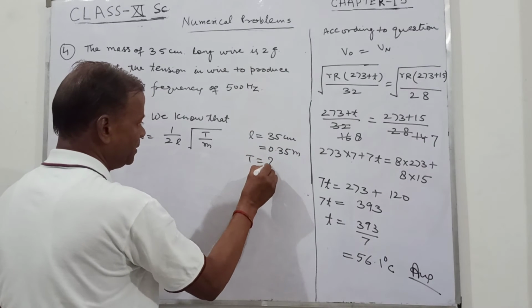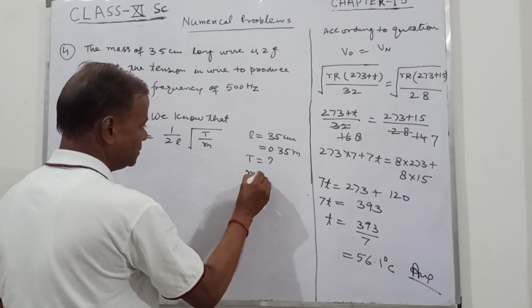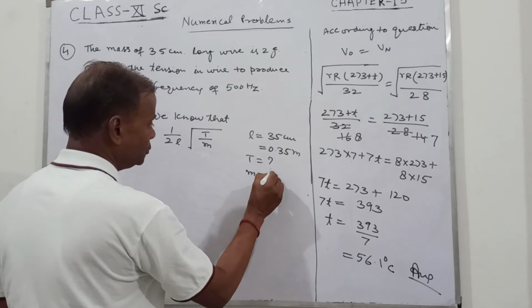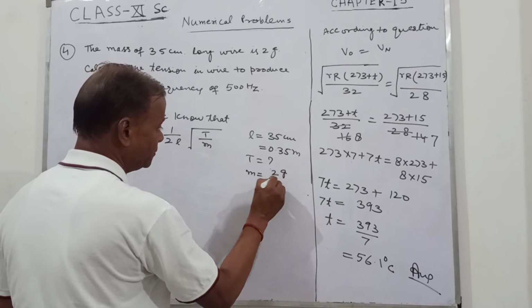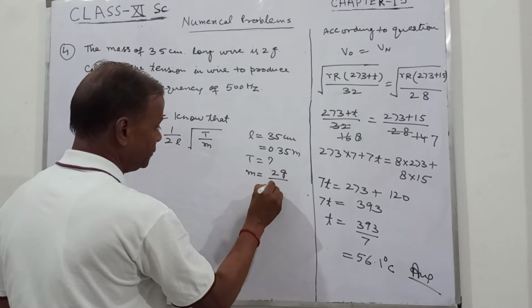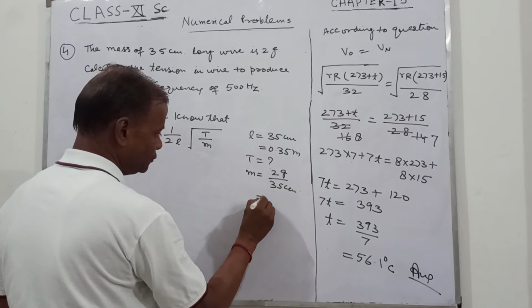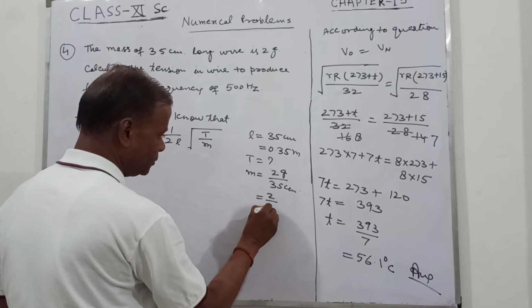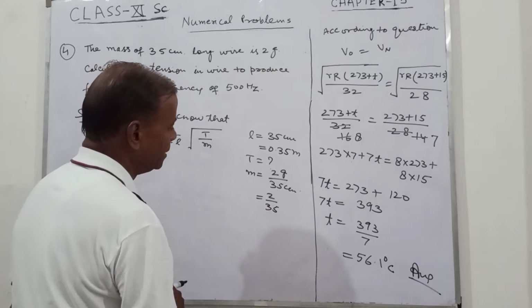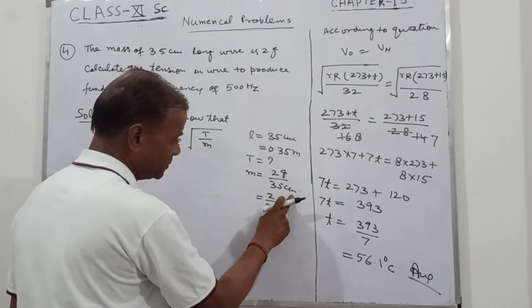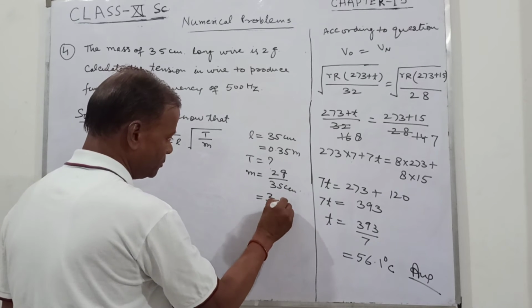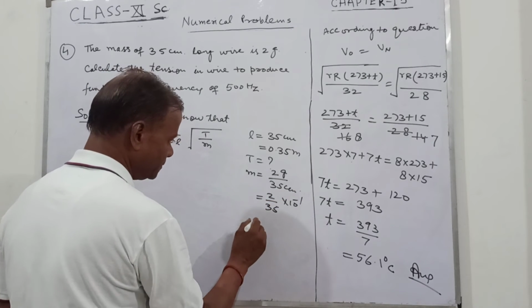T you have to calculate. m equal to 2 gram upon 35 centimeter, so this is 2 upon 35, 10 to the power minus 3 upon 10 to the power minus 2, so this is 10 to the power minus 1.